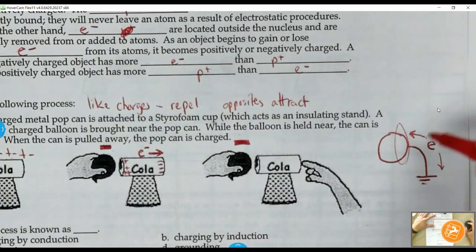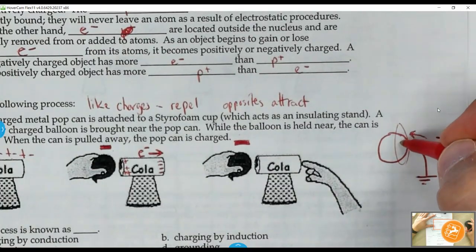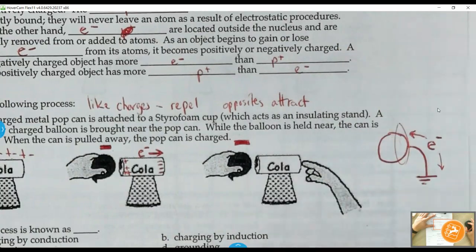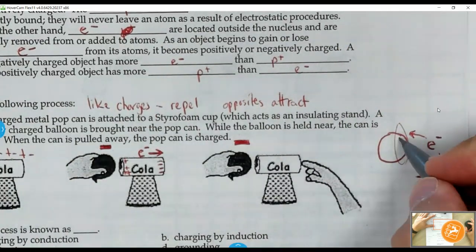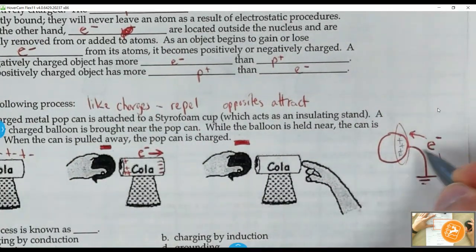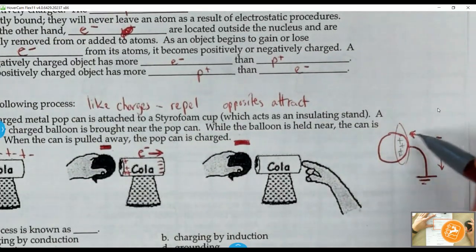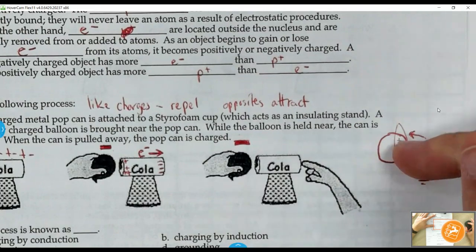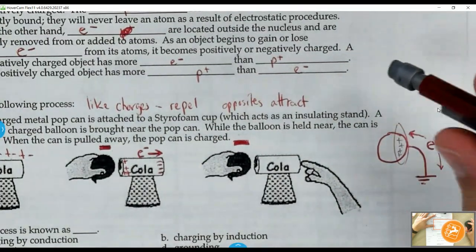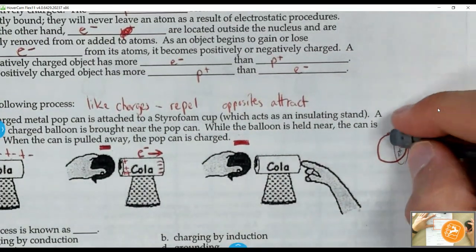So if this side was all positive, let's say, we would gain electrons because they'd be attracted to that. So more electrons would add in, and then we take away the grounding wire. Now we're overall negatively charged because we've added some.